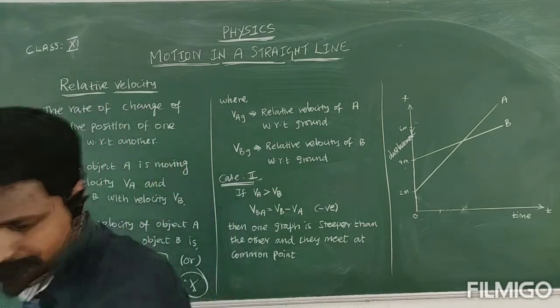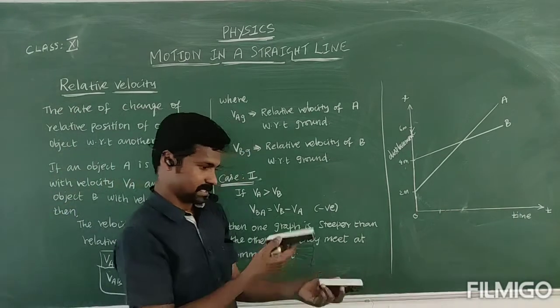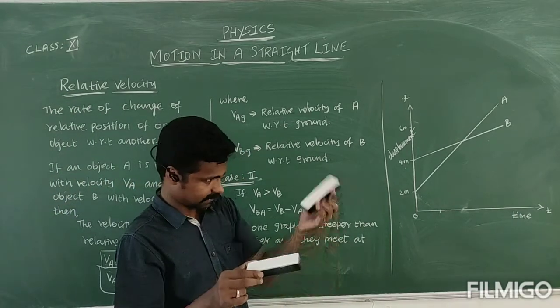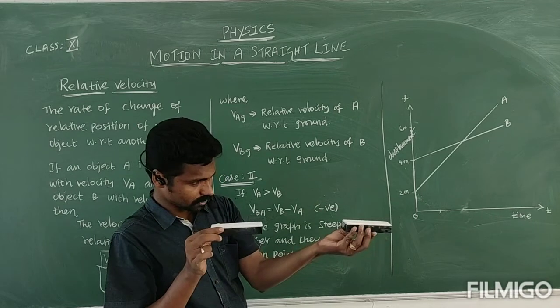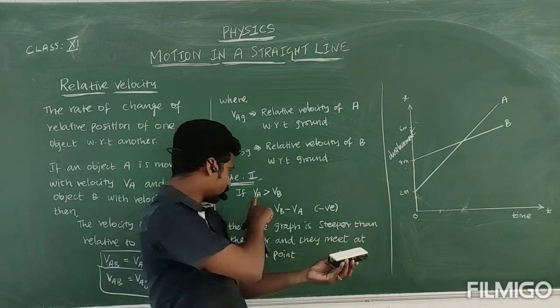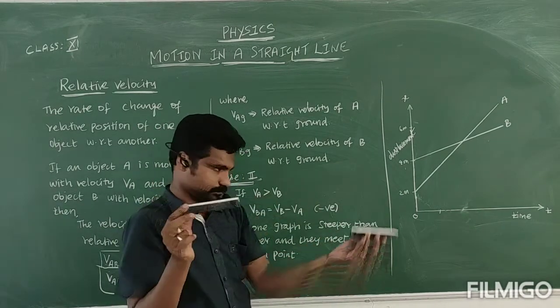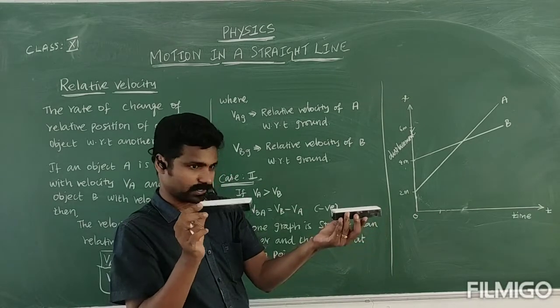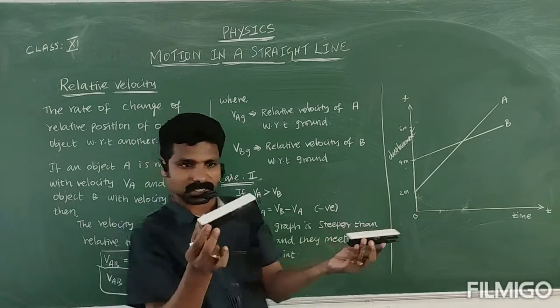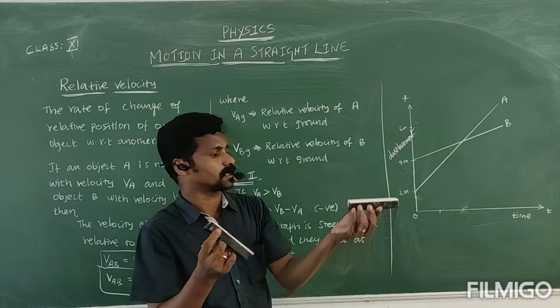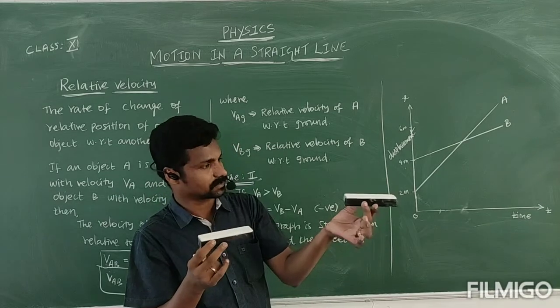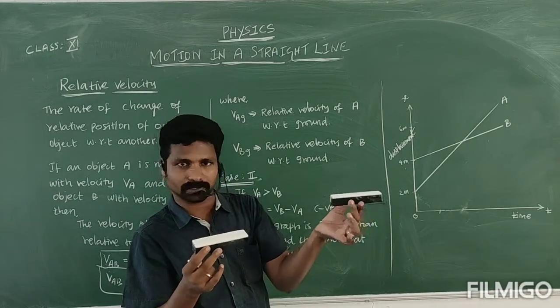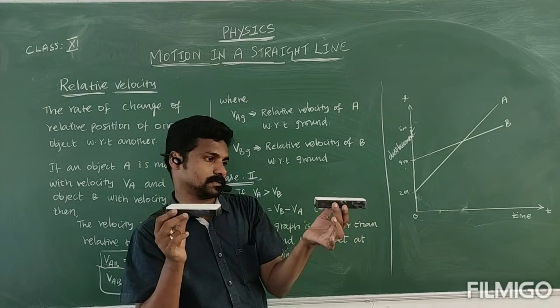So you know, listen, this is object A, this is object B. Now the question is what? The velocity of object A is more, for example, 100 km per hour. The velocity of object B is less, for example, 50 km per hour. Okay.